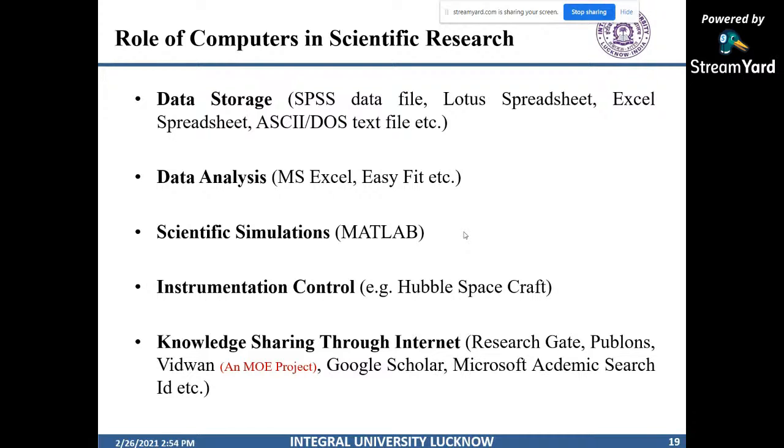Some of the most important applications are data storage, data analysis, scientific simulations, instrumentation control, and knowledge sharing through the internet. For data storage, you can store data in SPSS data file format or Lotus spreadsheet file format. Excel spreadsheet is also there, or ASCII DOS text file format, etc.